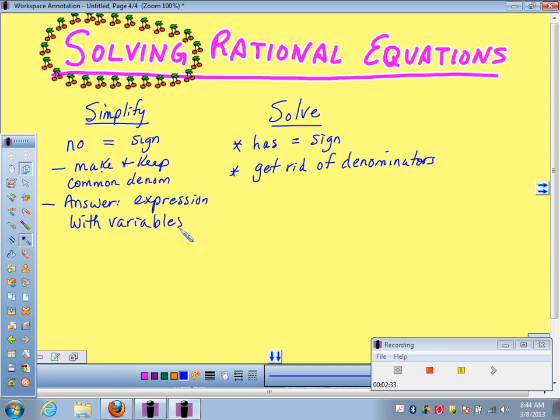When you solve equations, what do you get for an answer? You get numbers: x equals 4, x equals negative 7/3. x comes out to a certain number. Big difference.